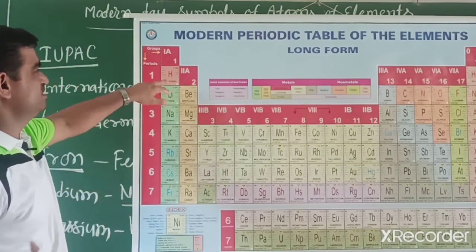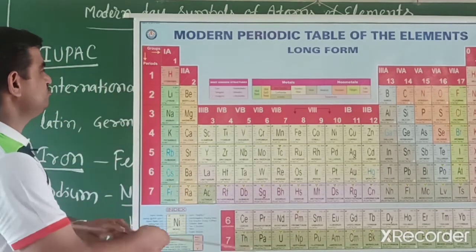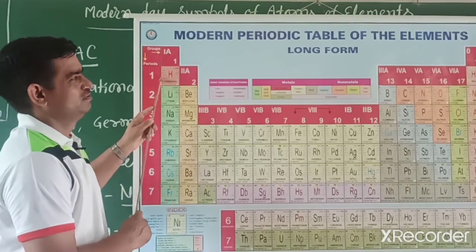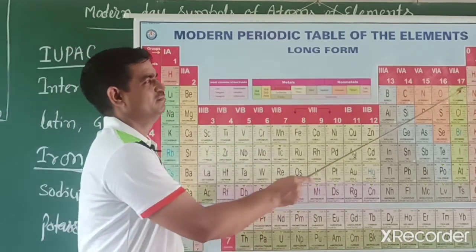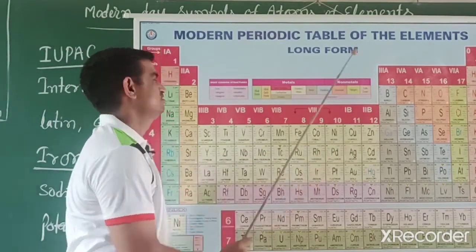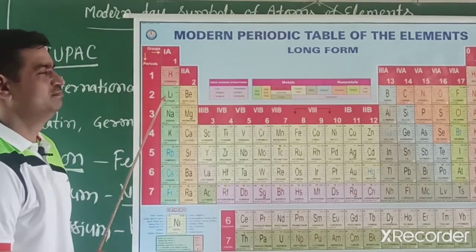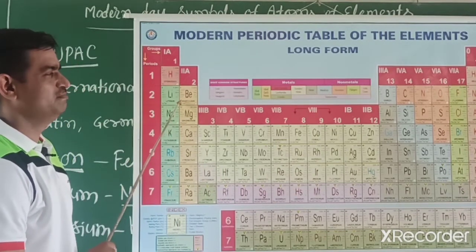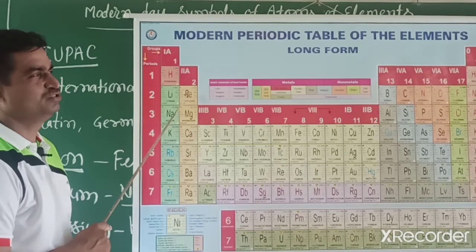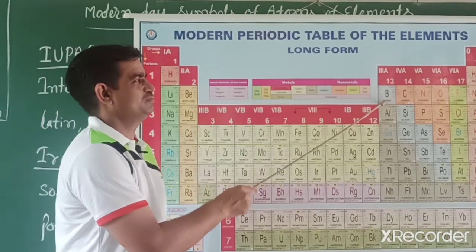So the first element is hydrogen. Then the element helium. Helium's symbol is He. Next element lithium, Li. Beryllium, Be, because B is already given to boron.